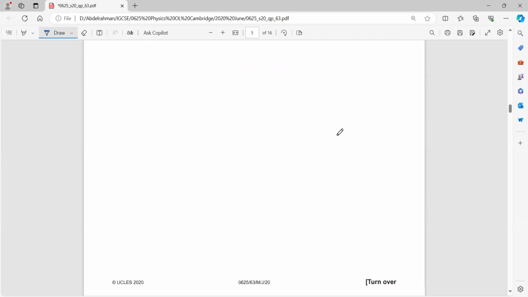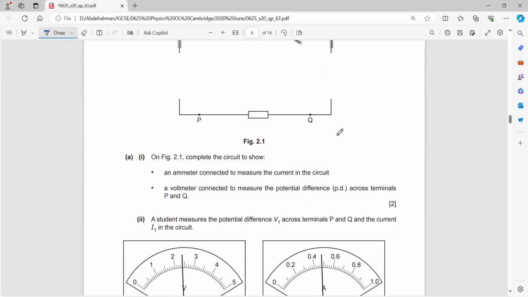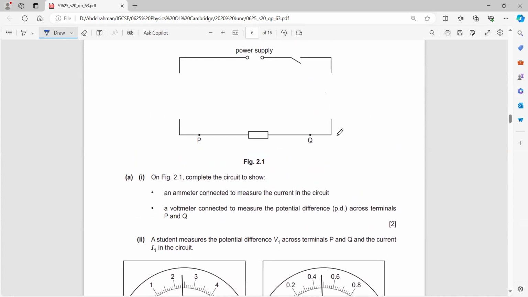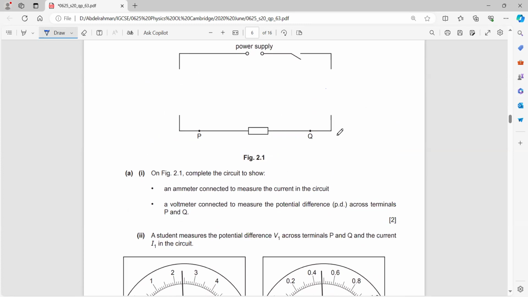Okay, moving on to a much easier question using the circuits. I need to complete the circuit using an ammeter and using a voltmeter to find the voltage of the resistor. That's easy. An ammeter, I can draw the ammeter on the left or on the right.